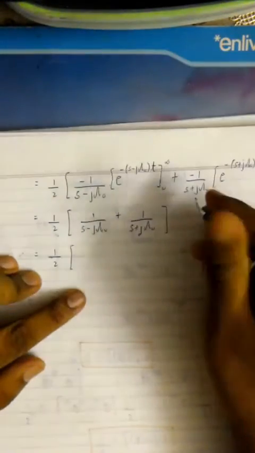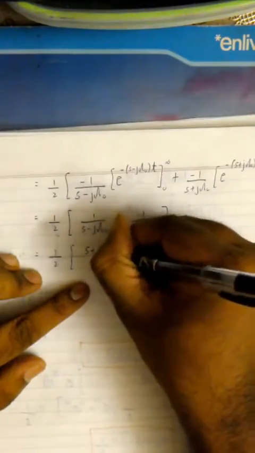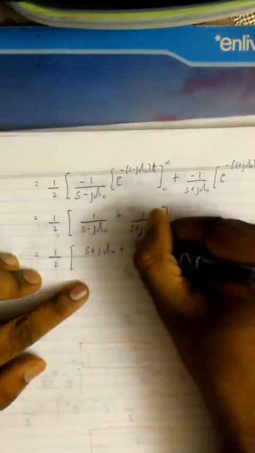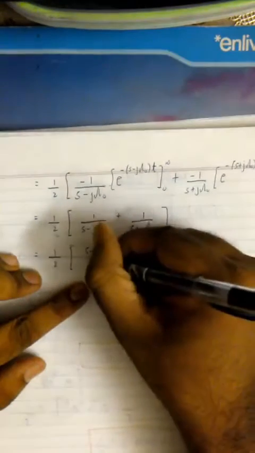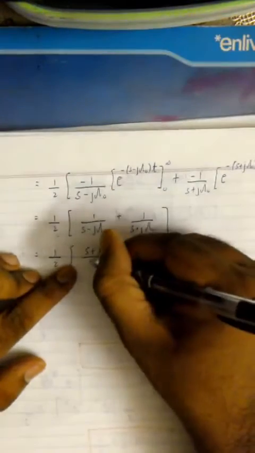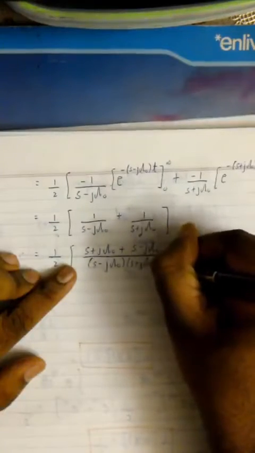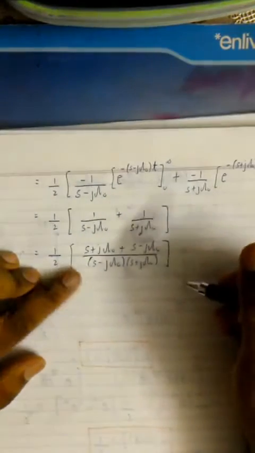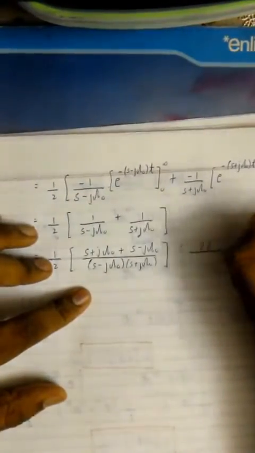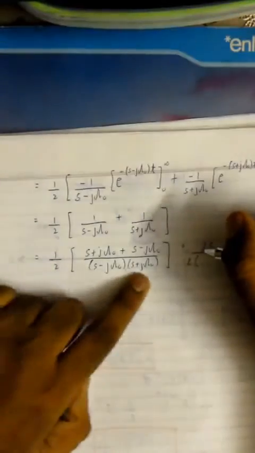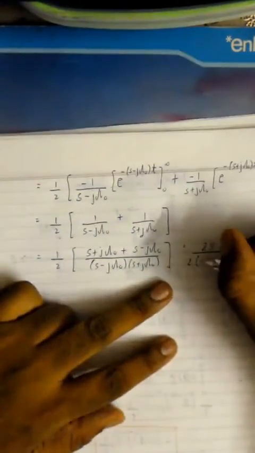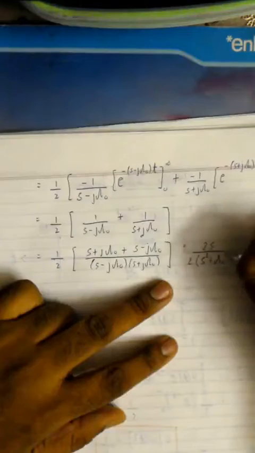This is also equal to 1 by 2 into, I'm going to now cross multiply, so this will become s plus j ohm 0 plus s minus j ohm 0 by s minus j ohm 0 into s plus j ohm 0. So you will get 2s by 2 into, if I cross multiply these two, s square plus ohm 0 square.